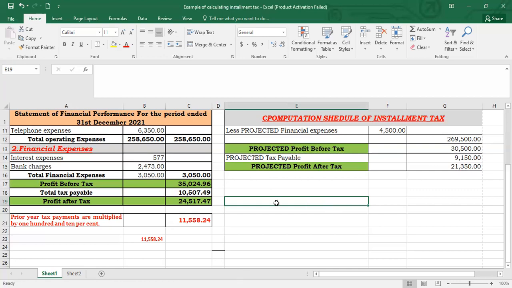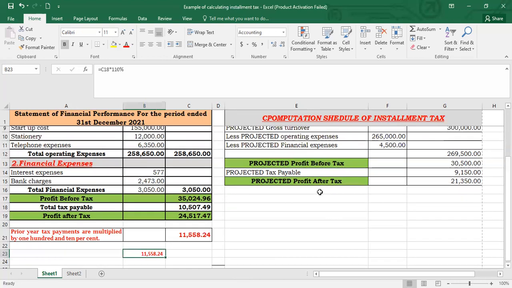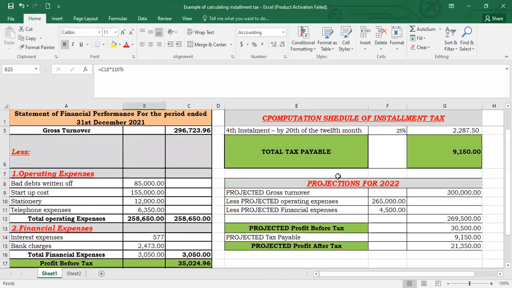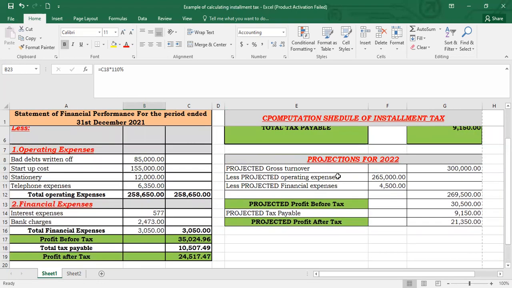Hello. Tuendelee. Yes. So we have agreed you take the 110% multiply by this, you get. Then you come, you do what we call projections.